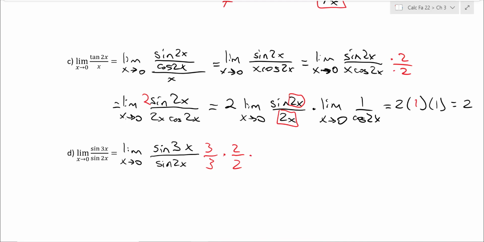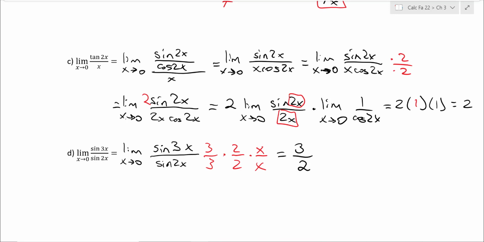And the mistake a lot of people make is to multiply by x squared or something. But really just x over x. We'll introduce an x into the numerator and an x into the denominator to give us both of those special limits to match both of those arguments. So we can rewrite this one. The 3 in the numerator is the extra. We can pull that out front. The 2 in the denominator is the extra.